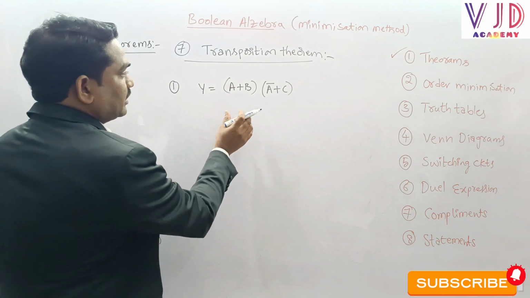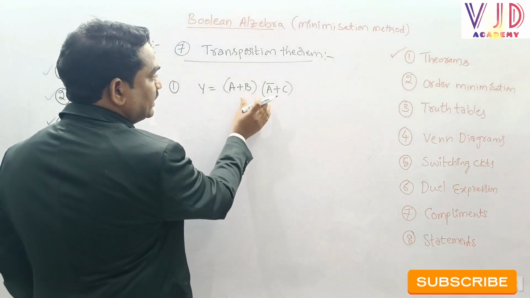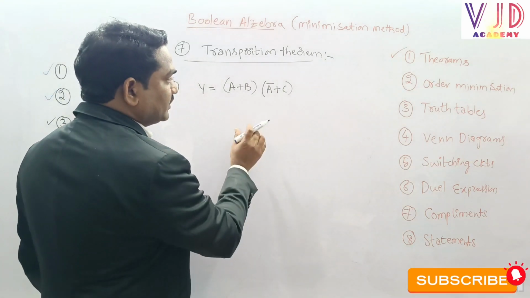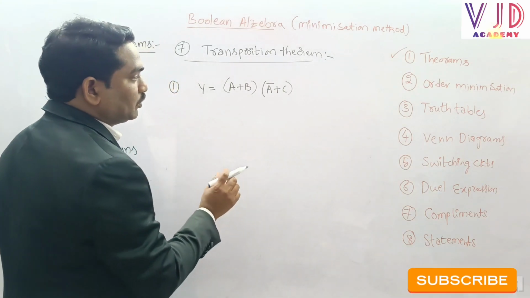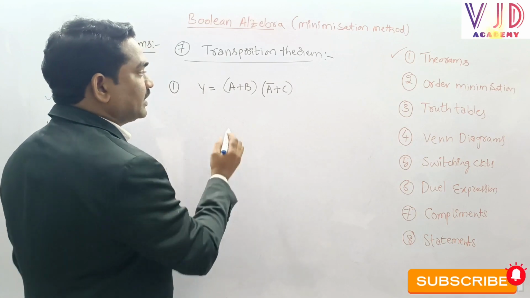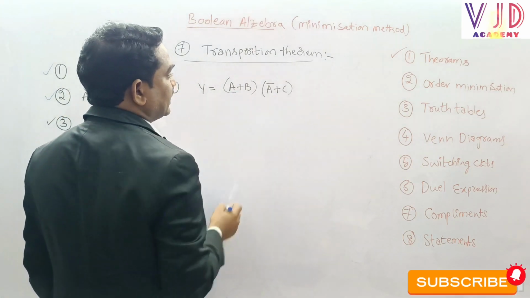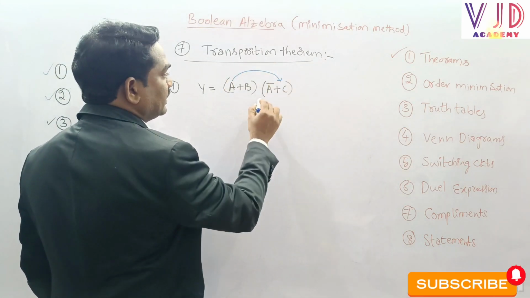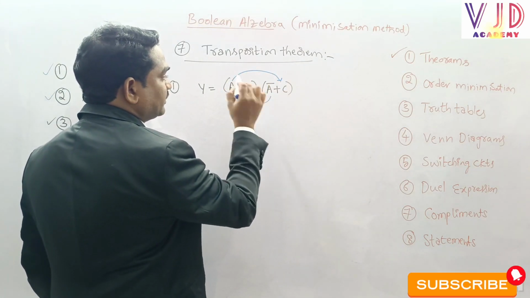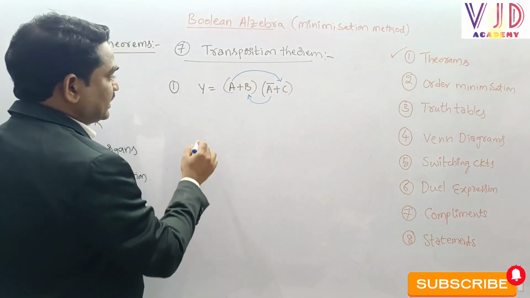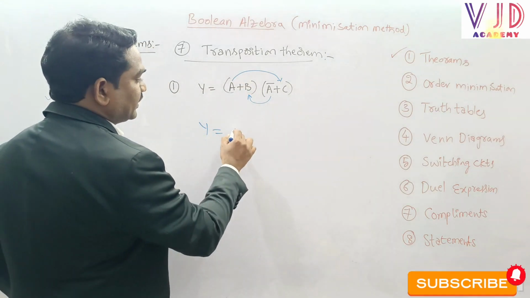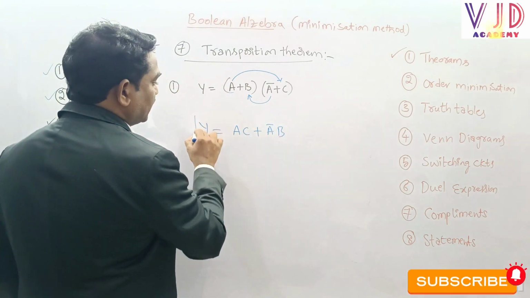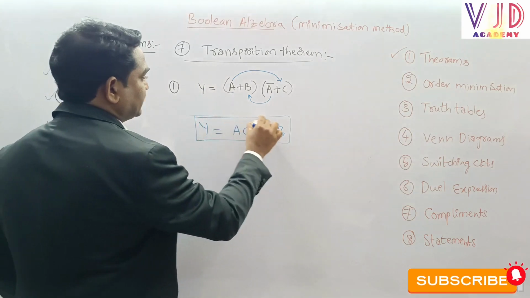Here, sir, there are 2 combinations, A plus B and then A bar plus C. Out of these 2 combinations, we have one common element, which is A, and then A bar. So we just need to multiply A with C and then A bar with B. So what will happen, sir? Here Y equal to AC plus A bar B. This is the output of the transposition theorem.